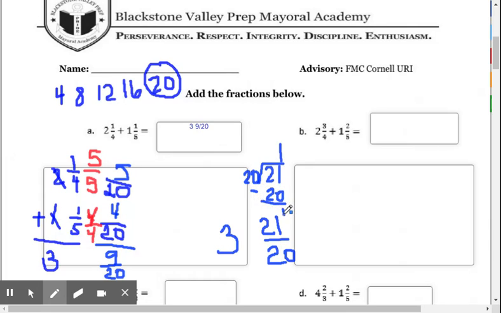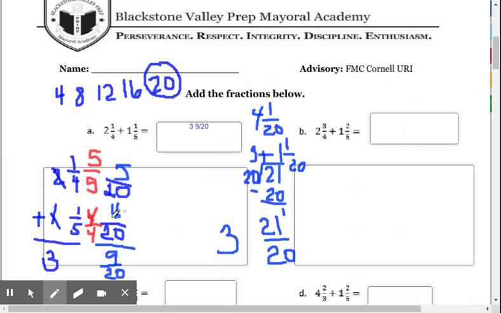Subtract and get 1. That is less than 20, so I'm going to write it as a fraction, 1 over 20. But since it was 3 21 over 20, you have to add the 3 to it. So your answer is 4, because you're going to have to say 3 plus 1. And so it's 4 1 over 20.